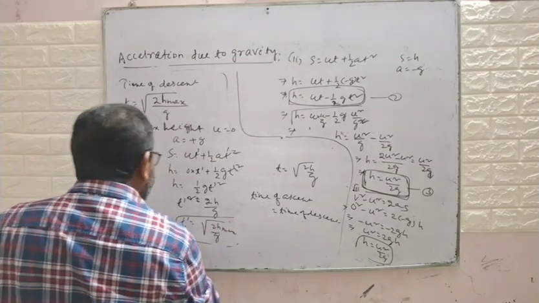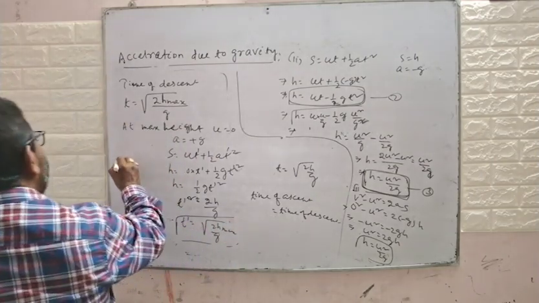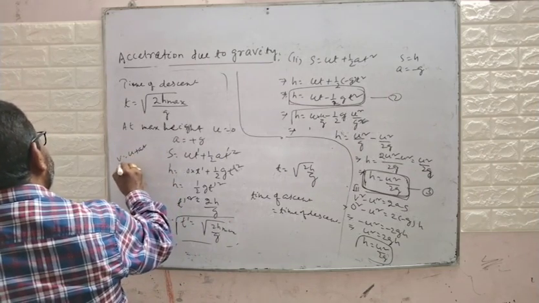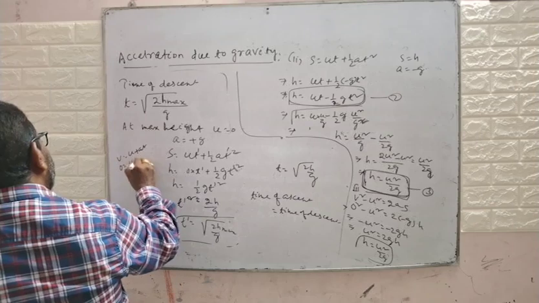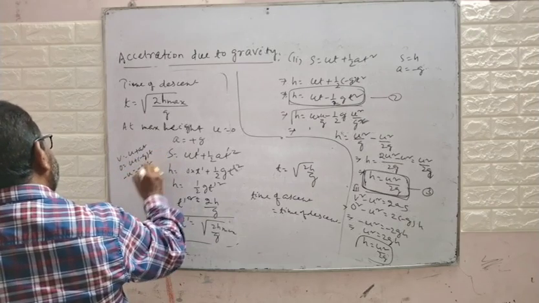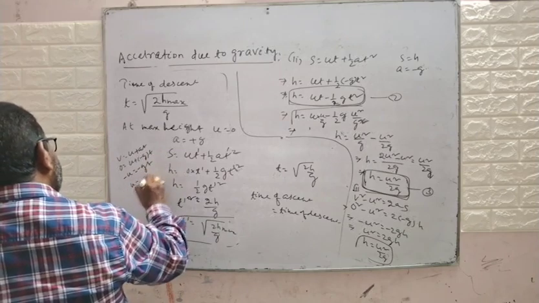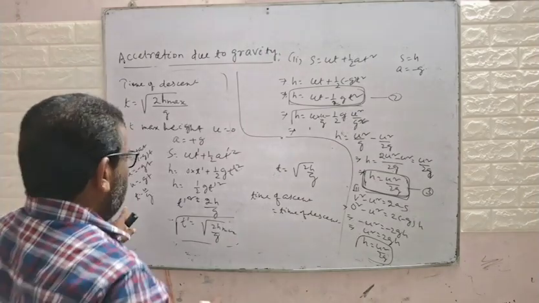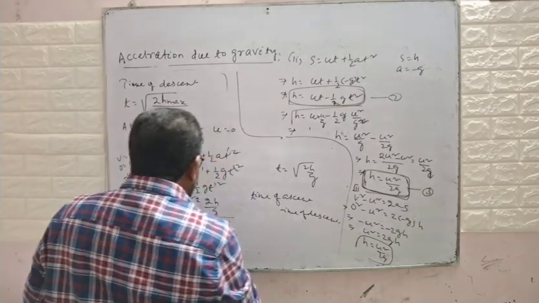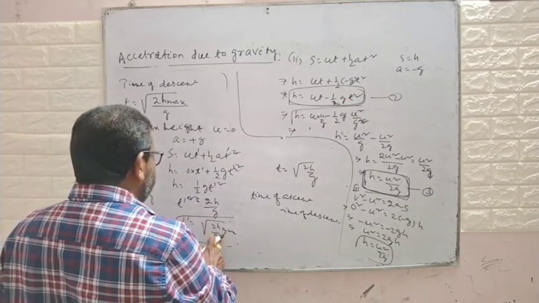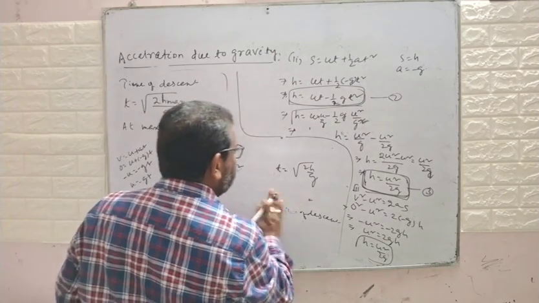How can we know? From the first equation what we get? v equal to u plus at, v equal to 0, u plus minus gt, minus u equal to minus gt, so u equal to gt, t equal to u by g. Here we get t dash equal to time of descent, root over 2h by g.